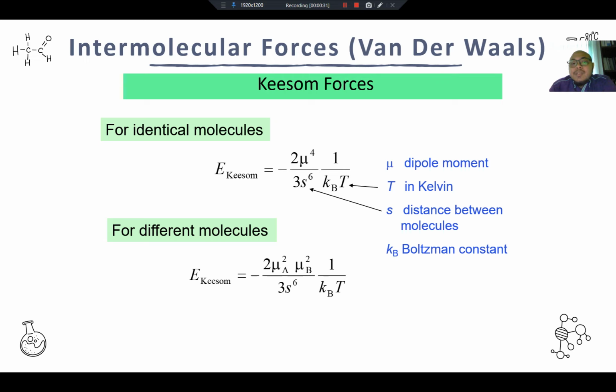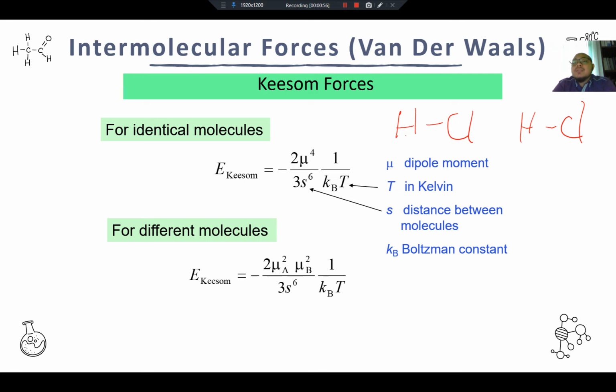But I just want to mention here the differences in the Keesom forces, the differences of the formula between identical molecules and different molecules. If you look over here, for the identical molecule, let's say the interaction between HCl and HCl, that is what is meant by identical.